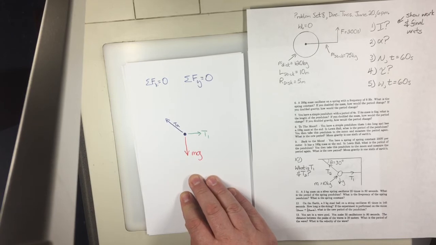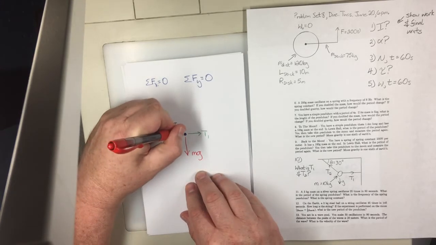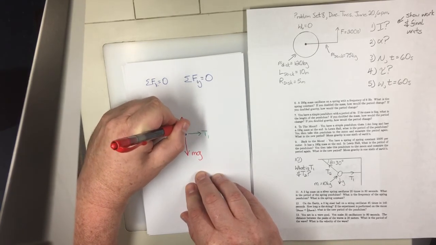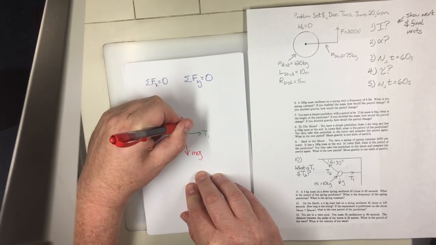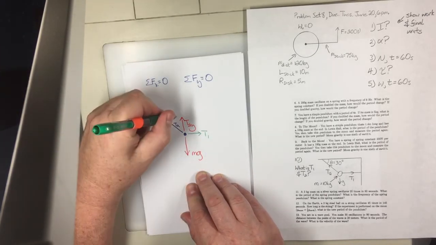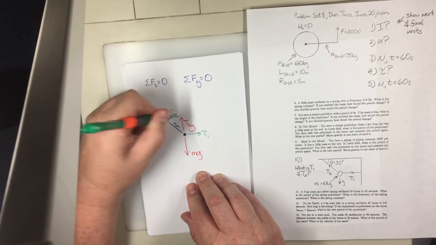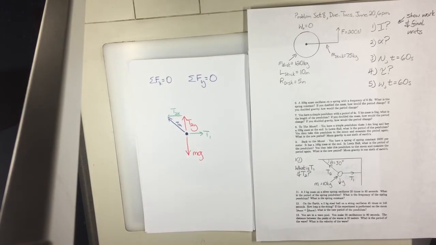So breaking T2 down, we need to break it into its component parts. We need to convert this vector from effectively a polar situation to a component one. So we have T2y and we have T2x. So it matches using the tip to tail method. Up and to the left.